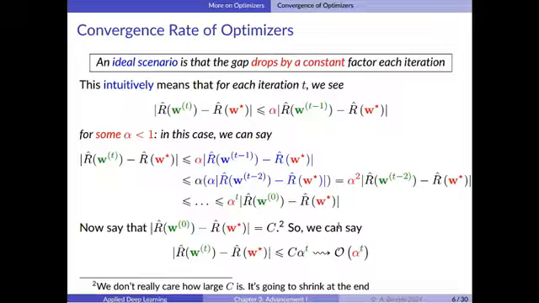So we can say that it is of the order of alpha to the power t, and I think you are familiar with what this order means. You probably have taken the course on algorithms and data structures, and it was discussed there.